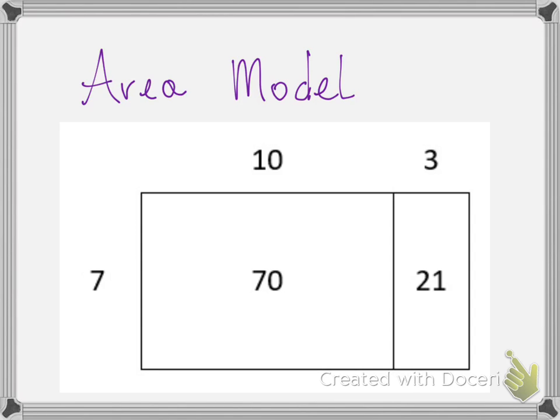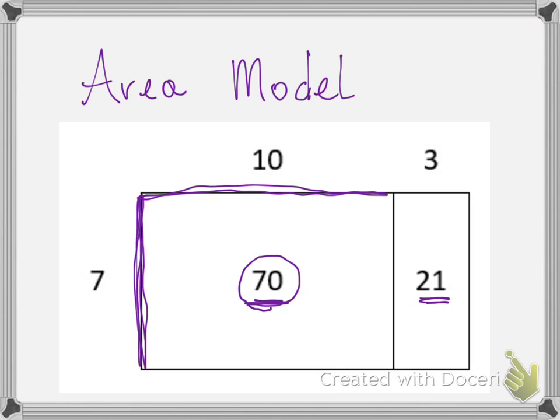But we're going to use this today with division. And notice here they give you the area of 70, and here is your width times your length to give you the area of 70. Over here they give you an area of 21. This is your width. 7 times 3 is 21.